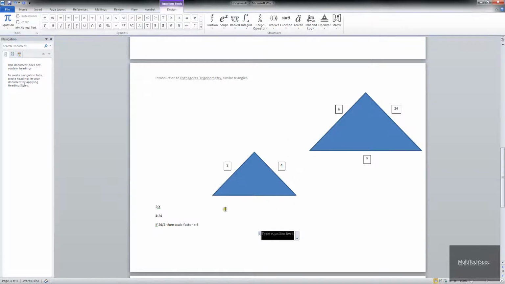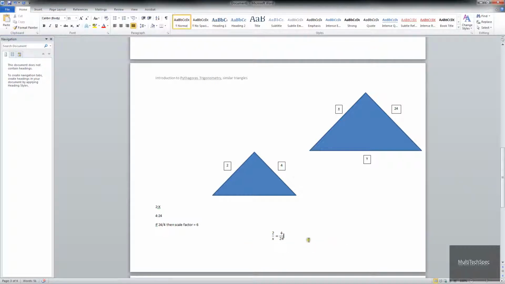Let's go to equation mode and do some fractions. So 2 over x, we'll treat it as a scale factor, is equal to 4 over 24.